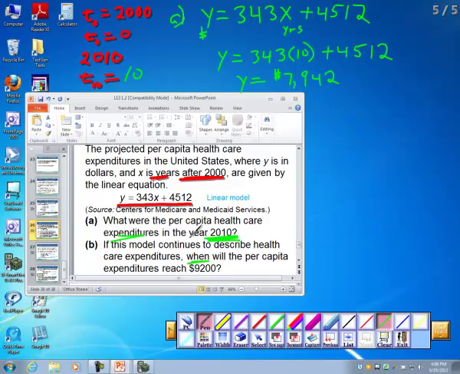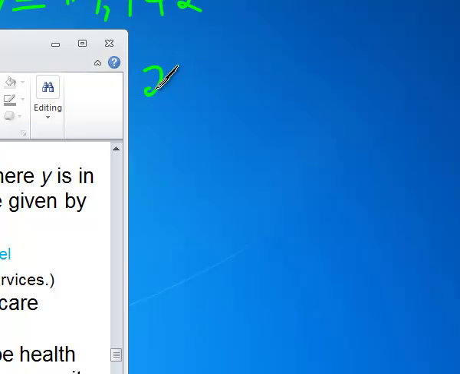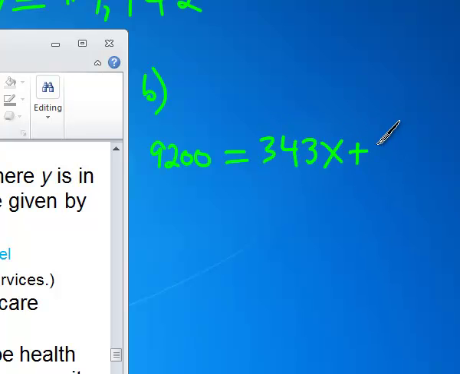Into the Y, right, because that's an expenditure. So this is part B: 9,200 equals 343X plus 4512.